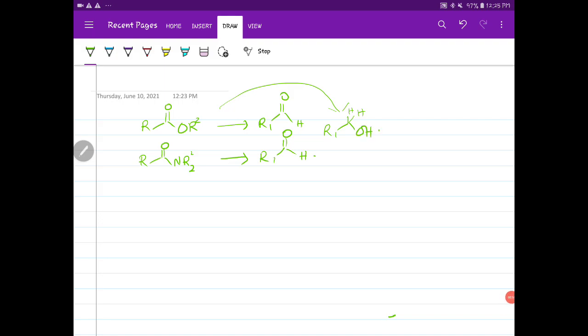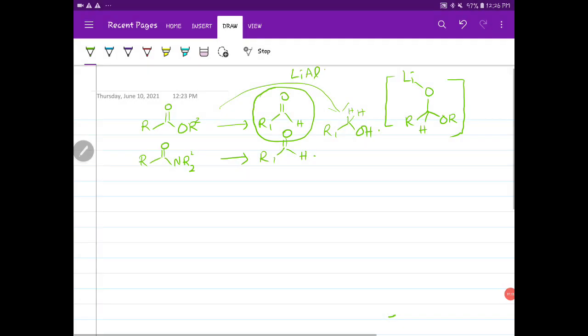I asked you to write down the mechanism, and if you have written it, you would have seen the formation of a species like this once the ester is treated with lithium aluminum hydride.